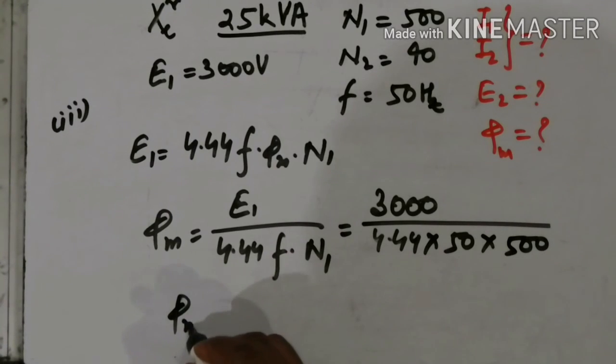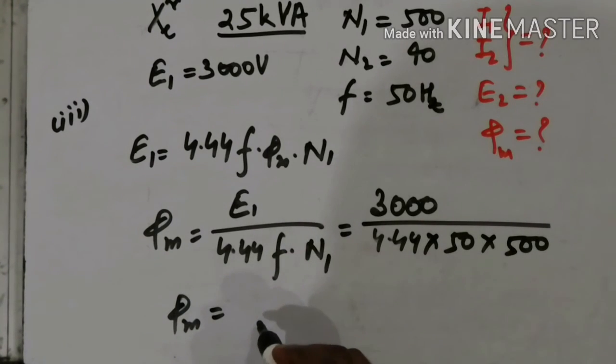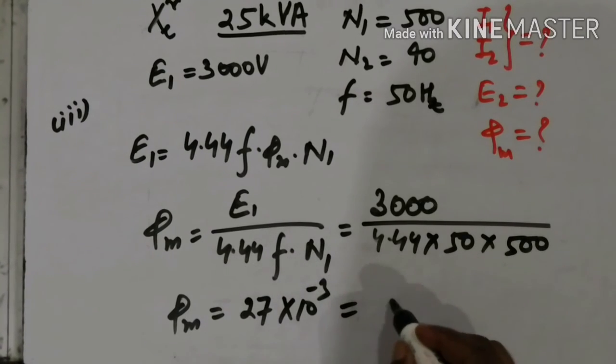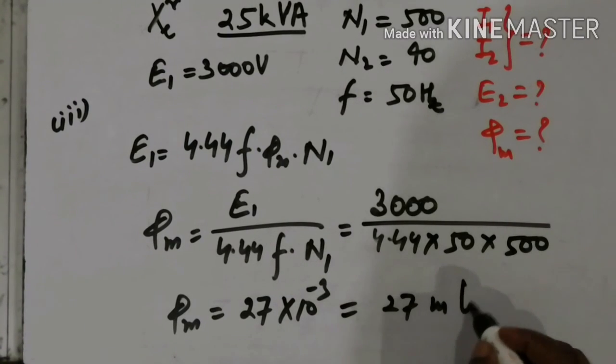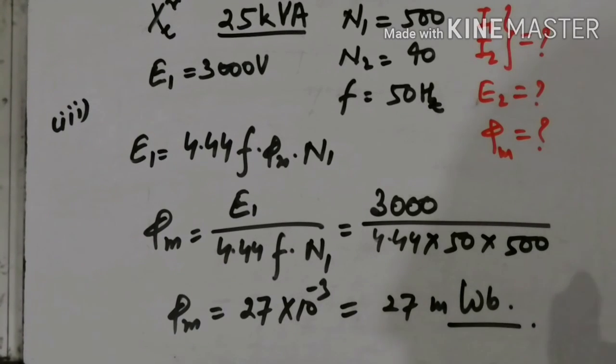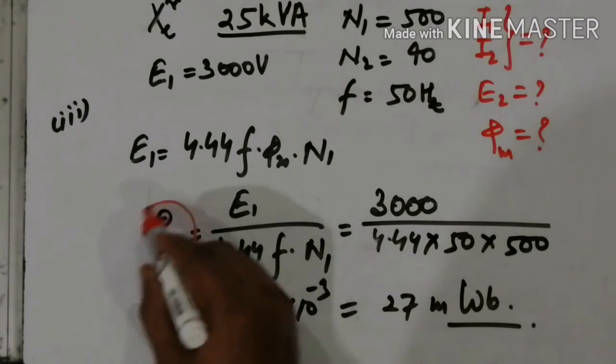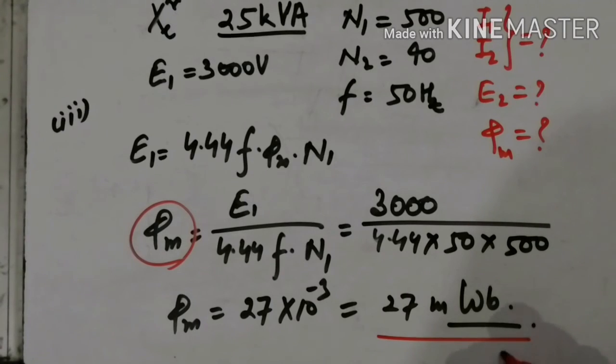After solving, maximum flux is 27 into 10 to the power minus 3, that is 27 milliweber, right? Now see the third part, that is the maximum flux. Maximum flux is 27 milliweber.